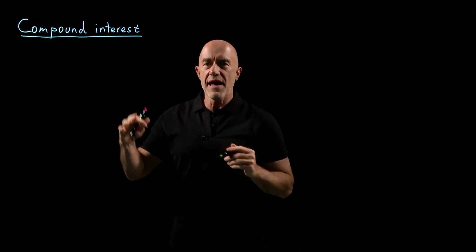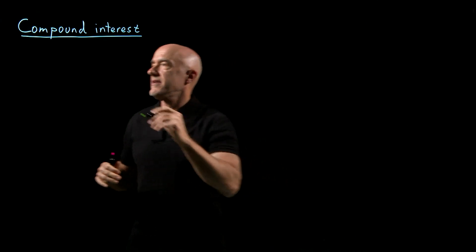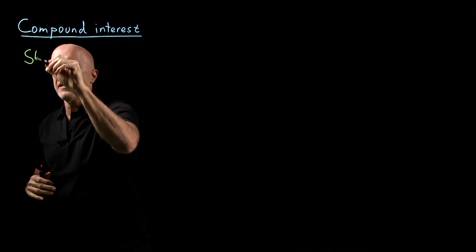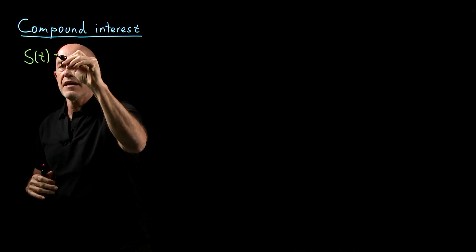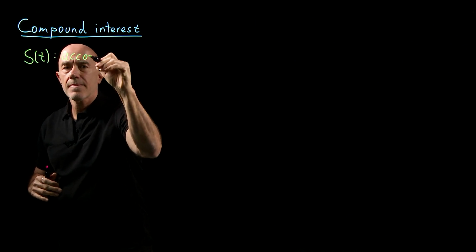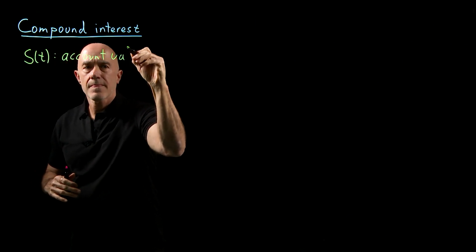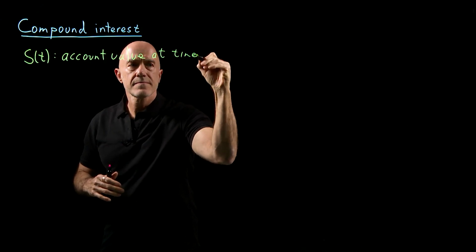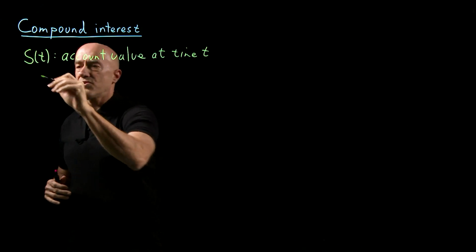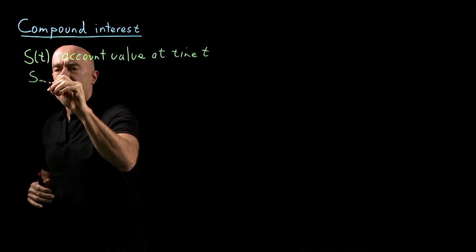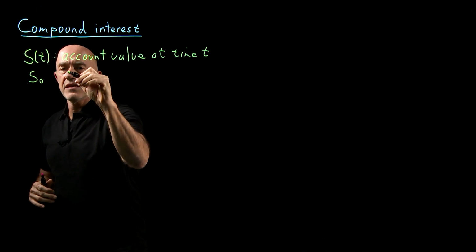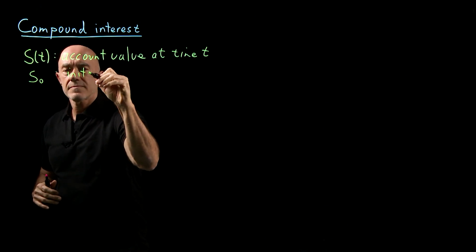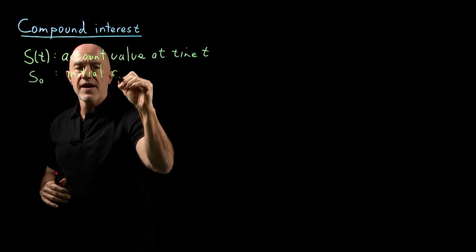So let's work the mathematics of compound interest. Let S of t be the account value at time t. Let's assume we start with some money in the account. So S naught is the initial account value.